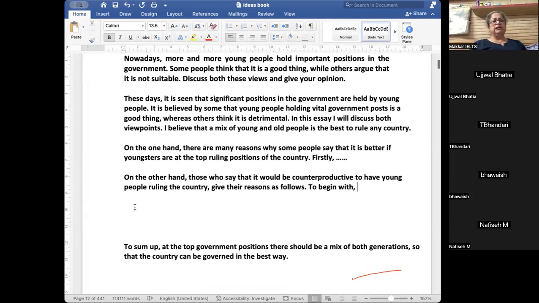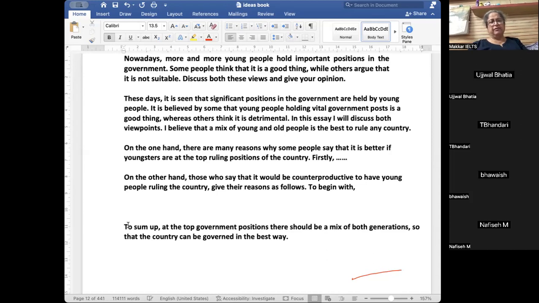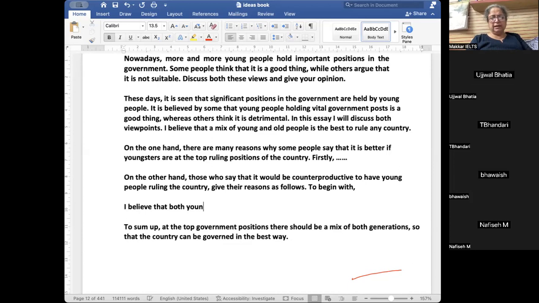Now if you want to add another paragraph of your own, in which you will say that I believe that both young and old should be there at different top posts of the country, then I believe that will be your paragraph. I believe that both young and old leaders should be there.